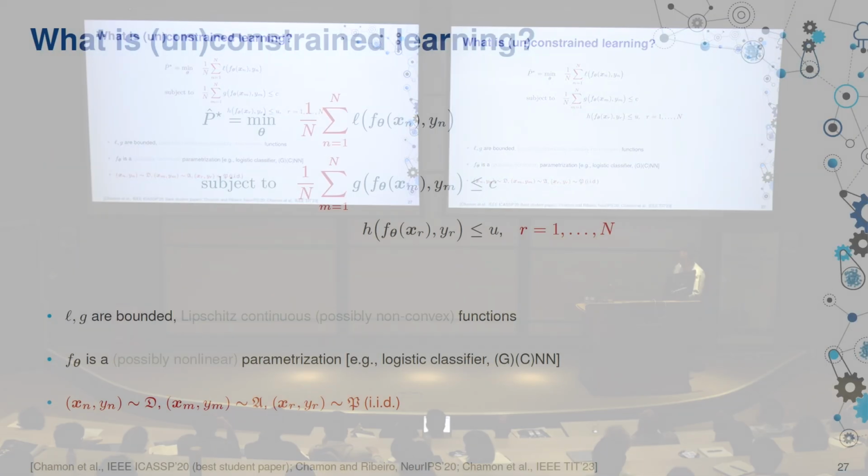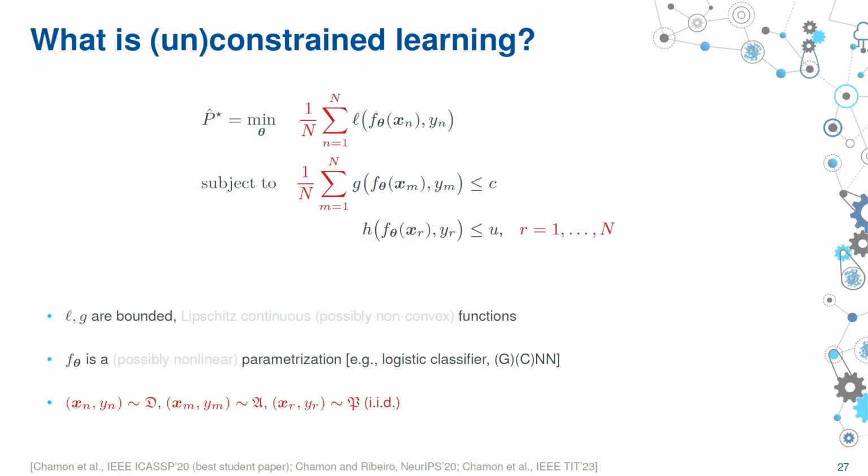But there is also a reason why learning with constraints is not so popular, not so widespread, which is that we don't really understand much of the theoretical properties of these problem formulations. We don't really have many algorithms. So let me give you our first attempts at developing a theory of constrained learning, and let me tell you about the algorithms that you should be using for solving these constrained learning problems.